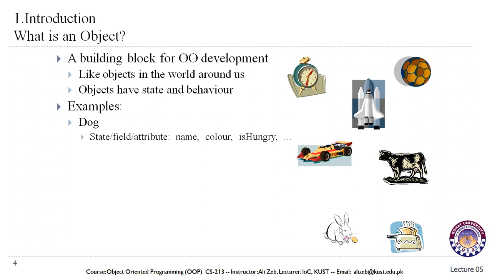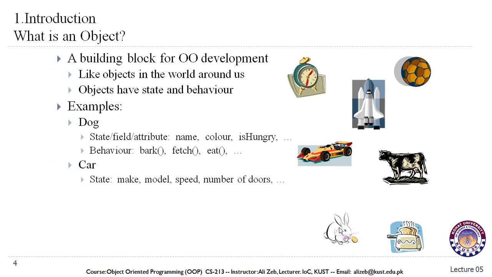These are the attributes of the dog. We would want to see if the dog is hungry or not. And then the behavior of the dog. So the dog can bark, the dog may be trying to fetch something. If we want to throw some object and want the dog to fetch that object, and obviously the dog is expected to eat.